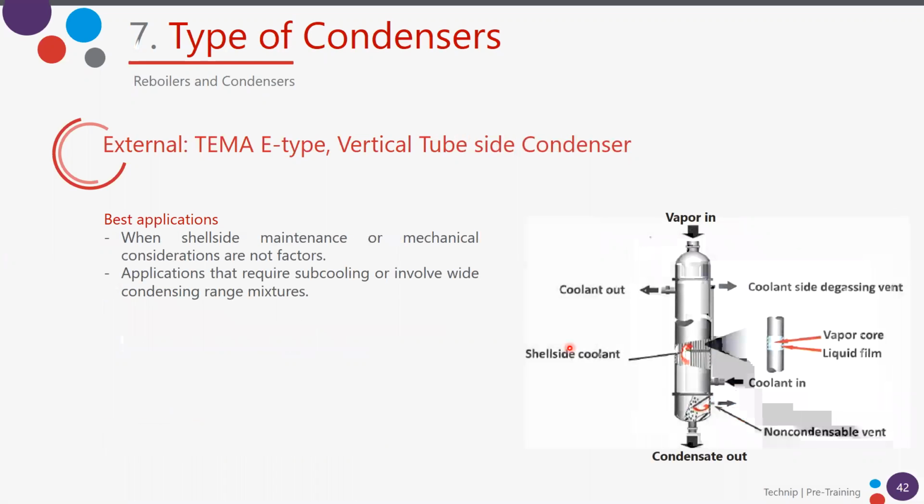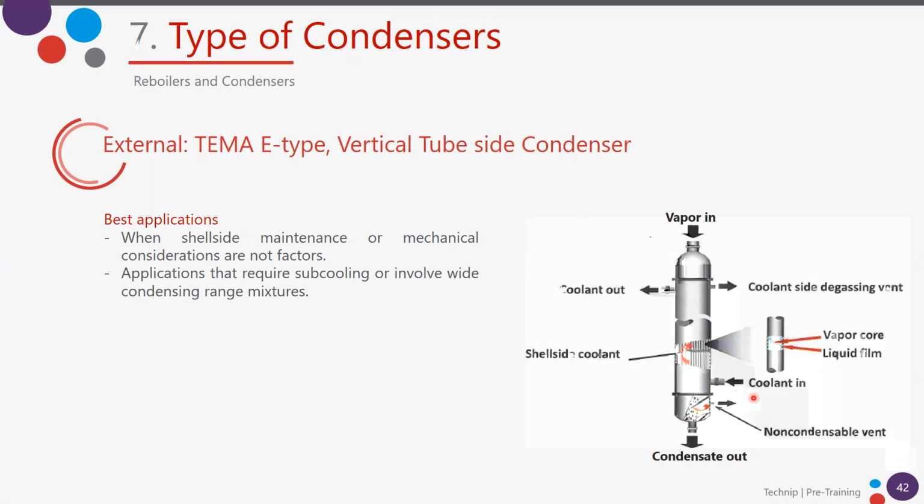And we also have the vertical exchanger where the condensing takes place inside the tubes. It consists of a shell with either a floating or fixed tube sheet. The lower head is oversized to accommodate the condensate and the vent for non-condensables.